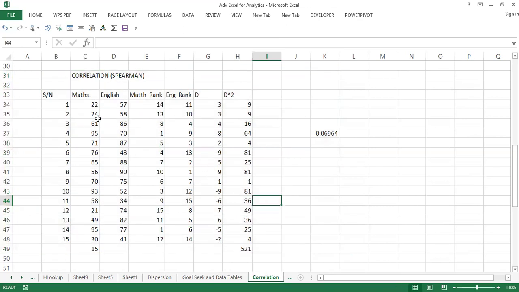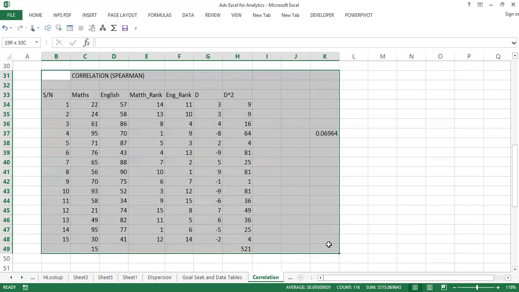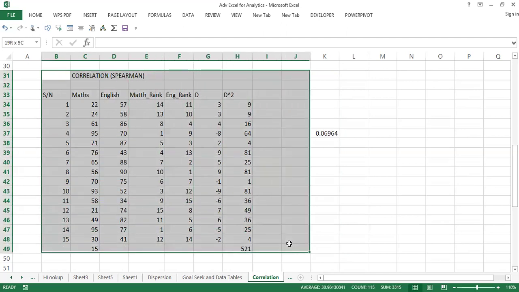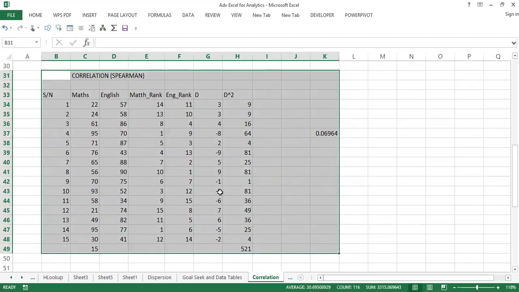This is ranked correlation. The Spearman coefficient of correlation is based on ranked data, based on ranks. We saw how to compute ranks.